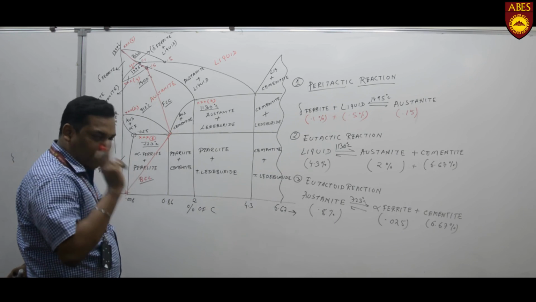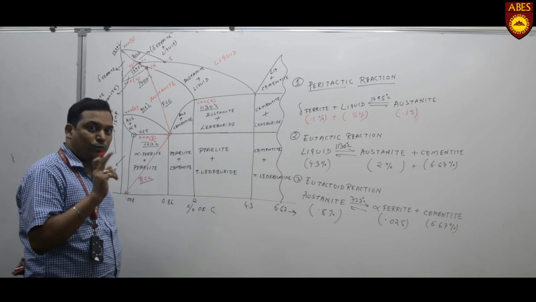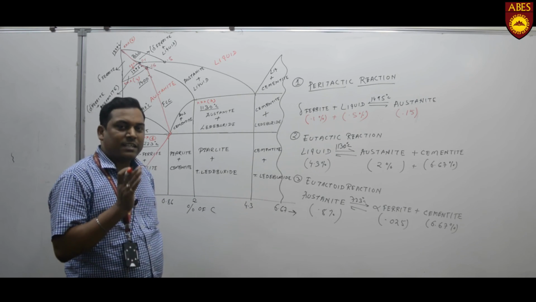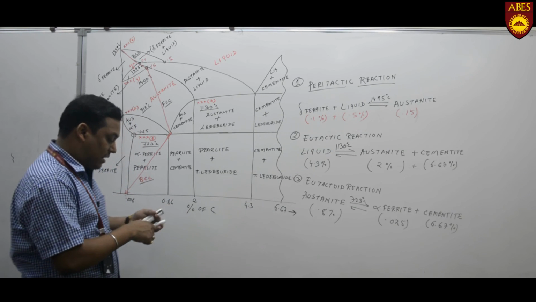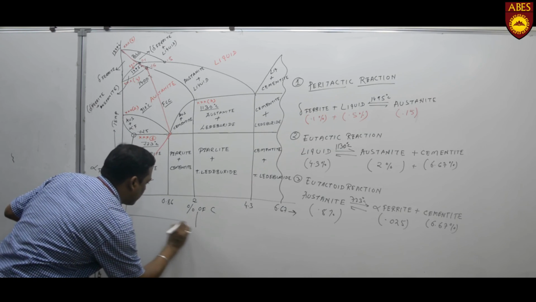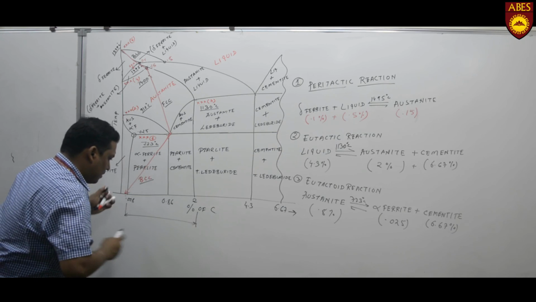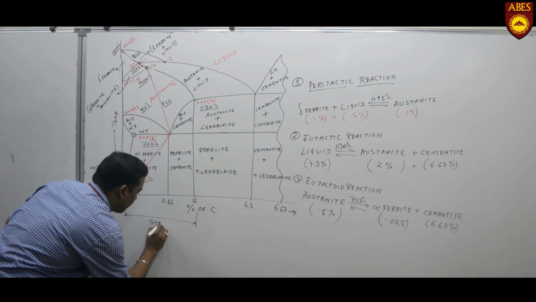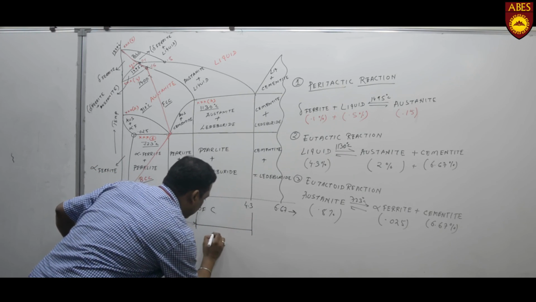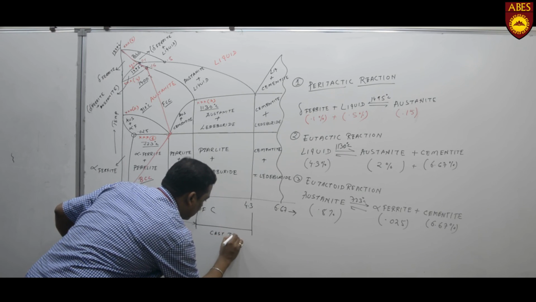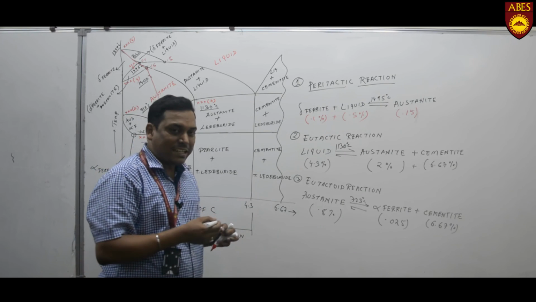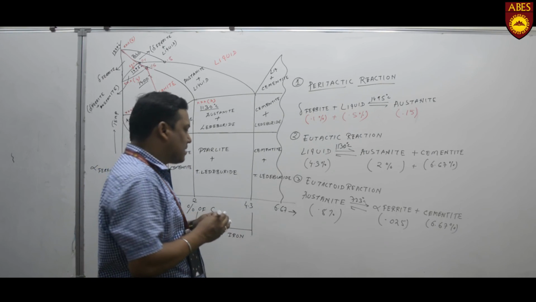We know that from 2% up to 4.3% it is cast iron, and below 2% it is steel. From this point to this point it is called steel, and from 2 up to 4.3 it is called cast iron. Above 4.3 the carbon percentage increases and it transforms to carbide, meaning cementite.